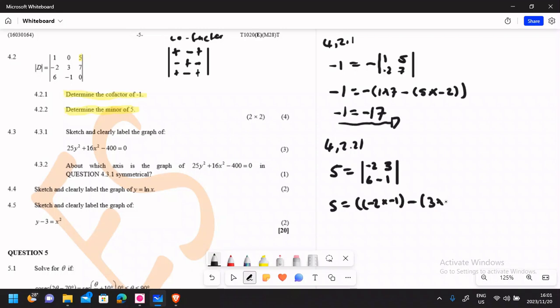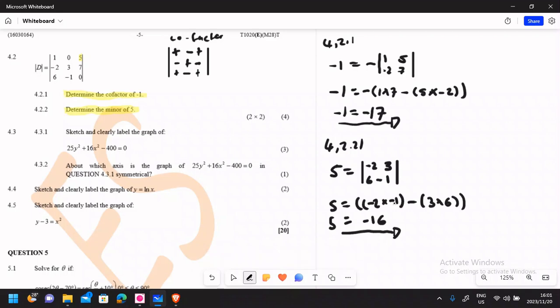There we go. So what is our answer? This is going to give us negative 16. So this is our final answer.